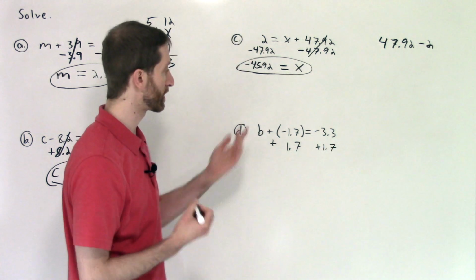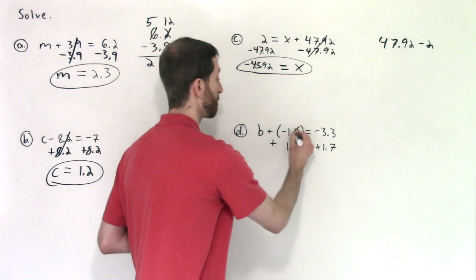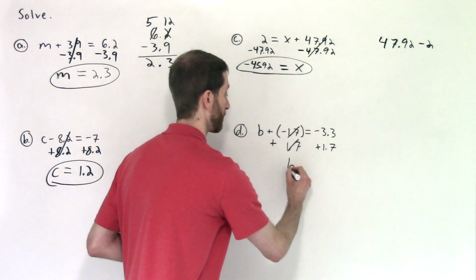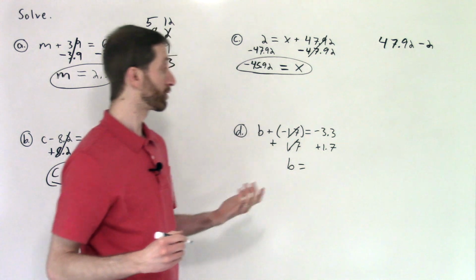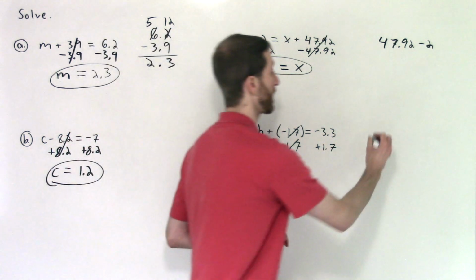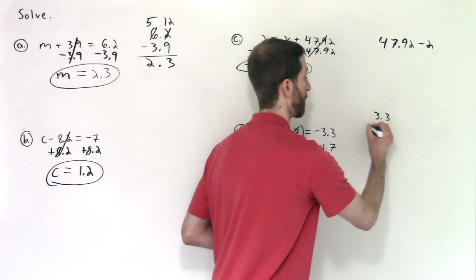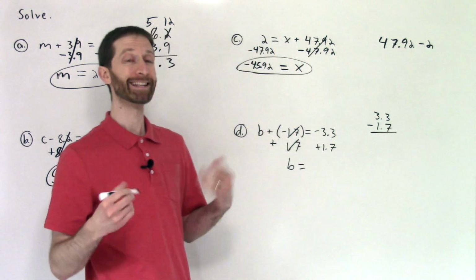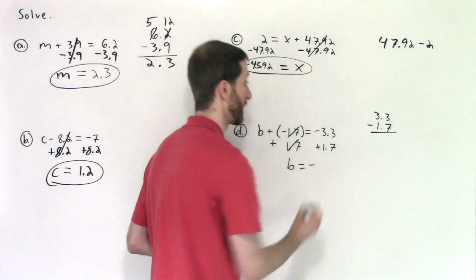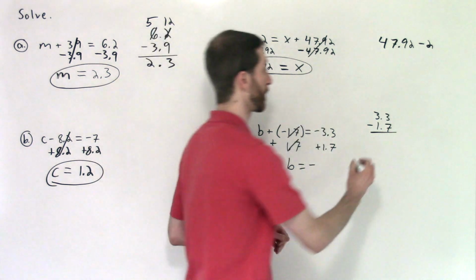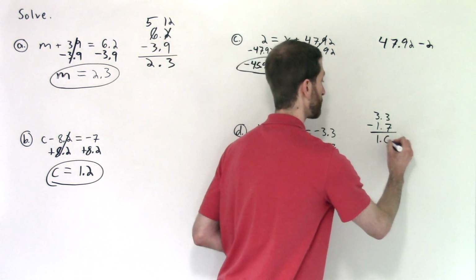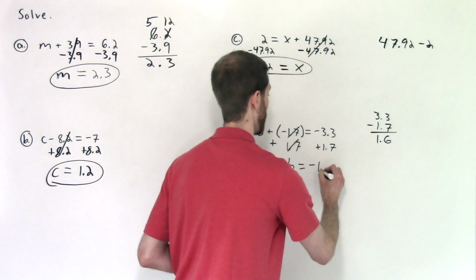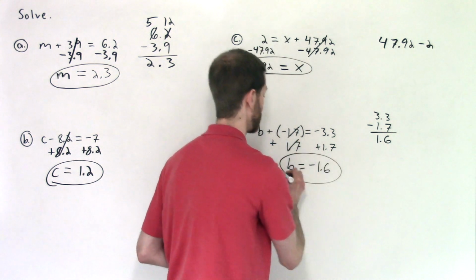Okay, doing that operation on the left side again isolates b. They cancel out, equaling 0, and we're left with b equals, in my head, I'm doing 3.3 minus 1.7, but noting that the bigger number is negative, so I know my answer will be negative. 3.3 minus 1.7 is 1.6. So our answer is negative 1.6.